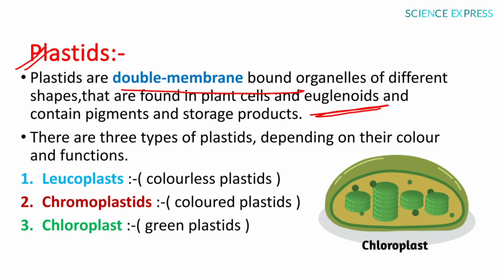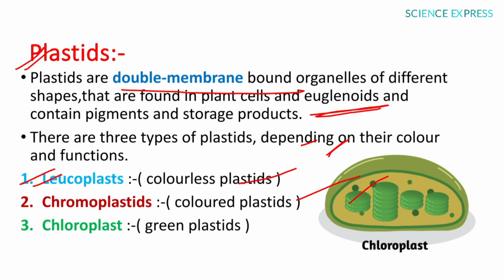The first is the leucoplast, called the colorless plastid, usually found in storage organs like tubers, fruits and seeds, which are mostly not exposed to sunlight. Depending on the stored nutrient, when starch is stored the name is amyloplast, when protein is stored it is called aleuroplast, and when fat is stored it is called elaioplast.